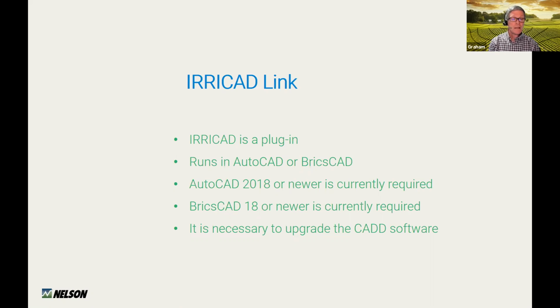As IRRICAD Link upgrades, it will also be necessary to upgrade the AutoCAD or BricsCAD software. As IRRICAD Link 19 comes out soon, it will not be compatible with AutoCAD 2016. So if you have Link, it will be necessary to maintain upgraded versions of both your base CAD program and IRRICAD Link.